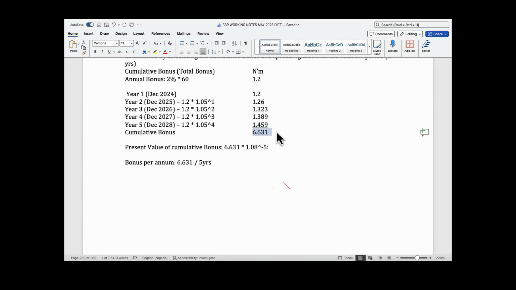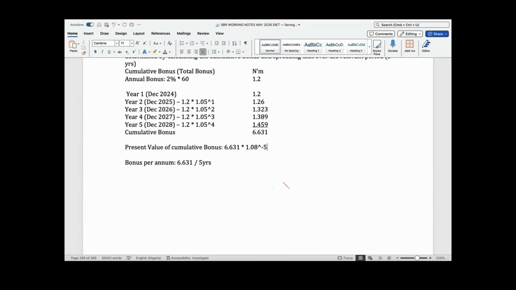At the end of the 5th year, I'm paying everybody 6.631. So I want the present value of that 6.631. I'm not going to use annuity. I'm going to use present value, which is 1 plus r raised to the power of minus n. Since the discount rate is 8%, the number of periods is 5 years. You're not discounting annual payments, I'm discounting the future amount. Do you get my viewpoint? Yes, sir. Okay. Thank you, sir.